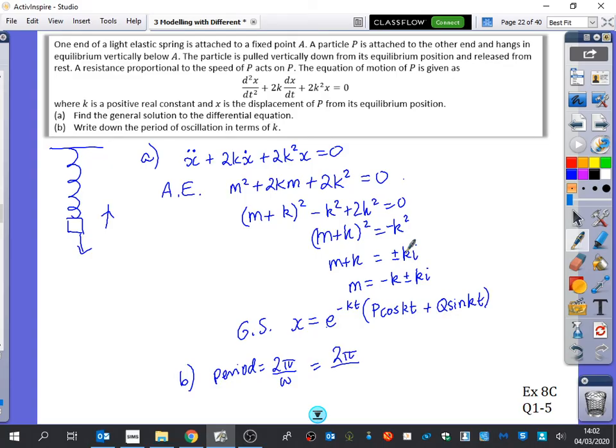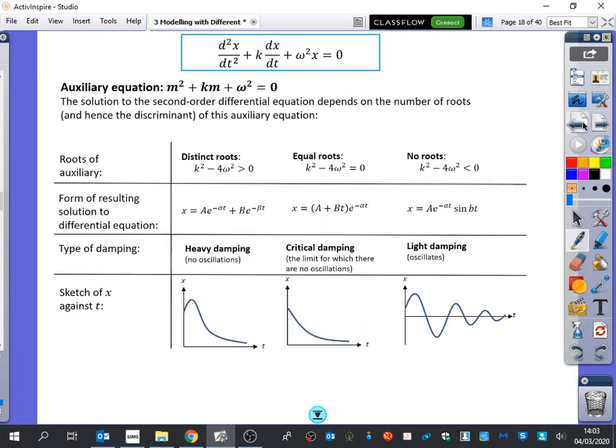This is the omega bit here. That is for simple harmonic motion.